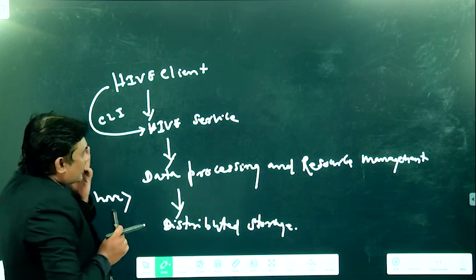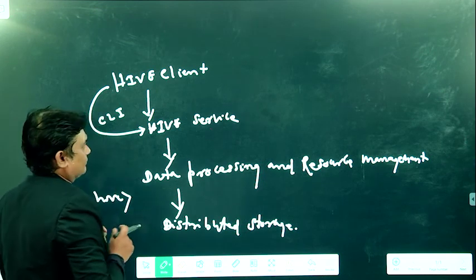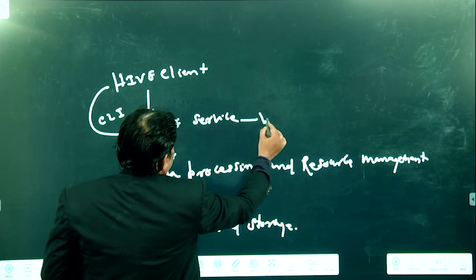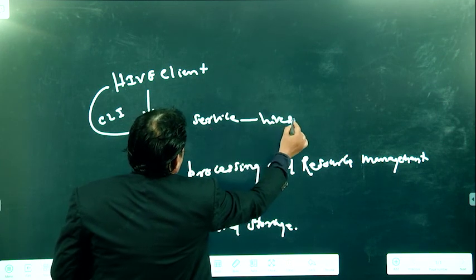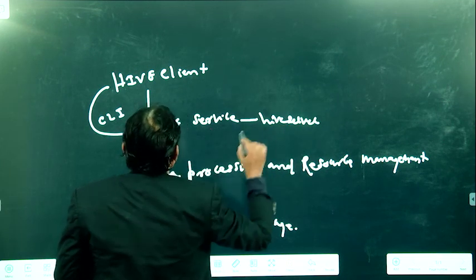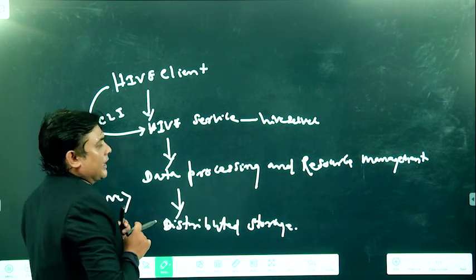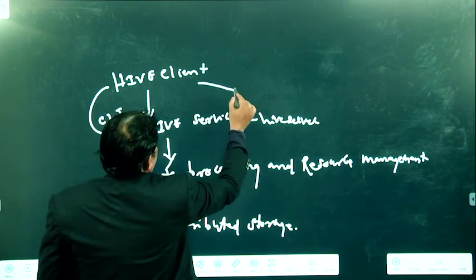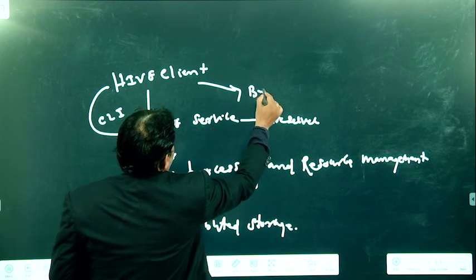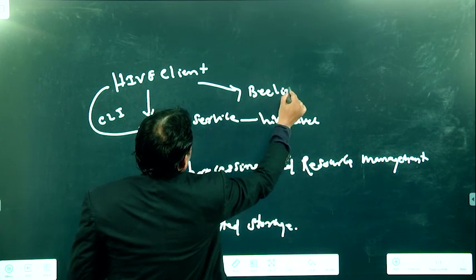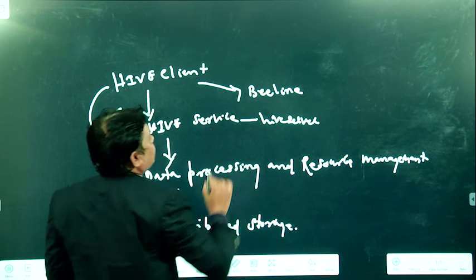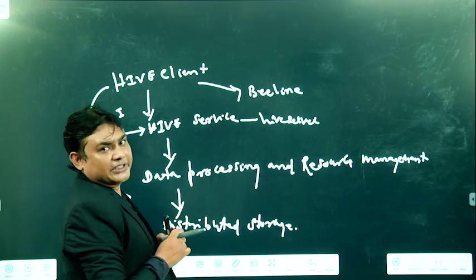Now, suppose you have a Hive server. To interact with the Hive server also, we need to have a Hive client, and for that we use Beeline. Beeline is nothing but a client application.